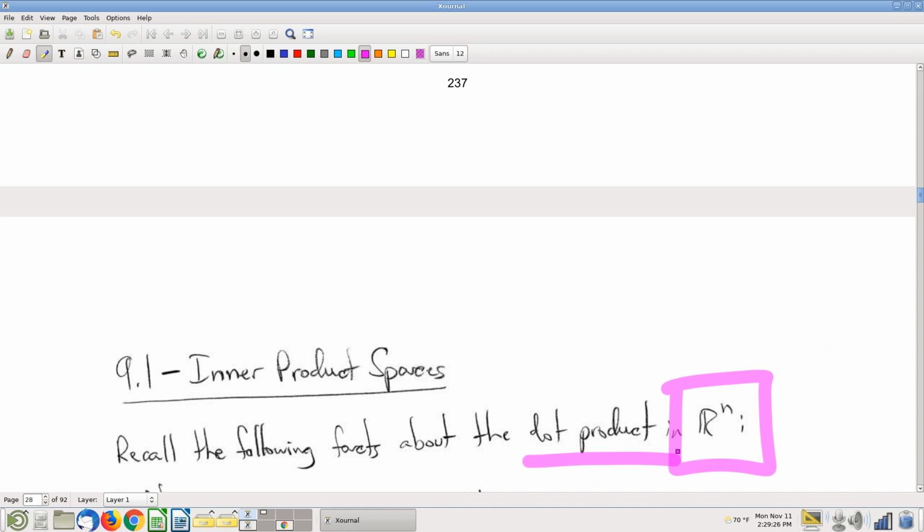Rn also has this thing called a dot product, which is pretty handy in a lot of circumstances. So what if we start to notice other contexts, objects, worlds, whatever you want to call them, where in addition to having an addition and a scalar multiplication, what if it also has something that behaves kind of like a dot product, in a way? And that's going to be our thing called an inner product space.